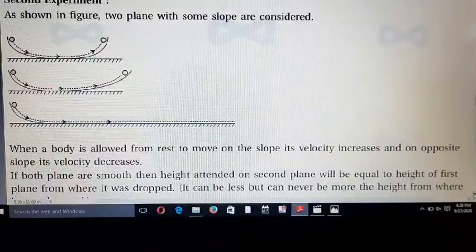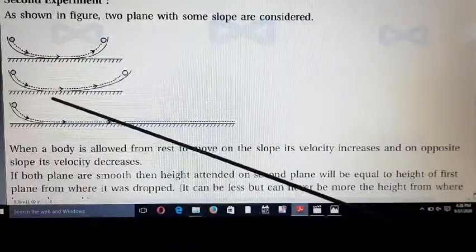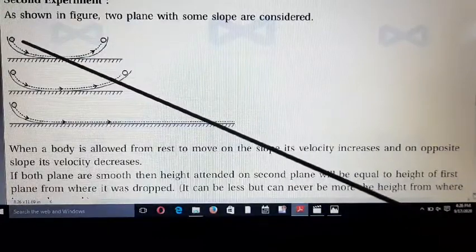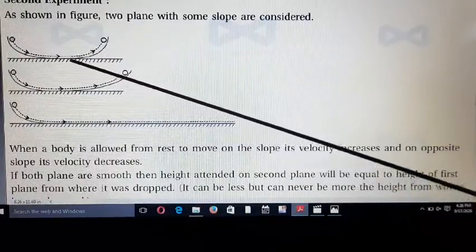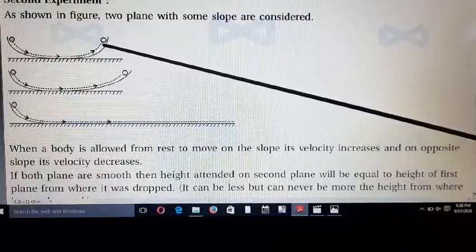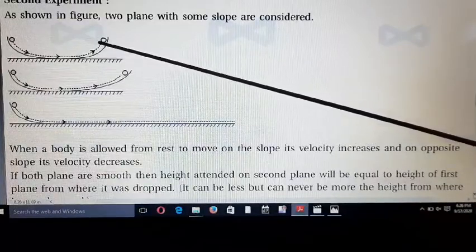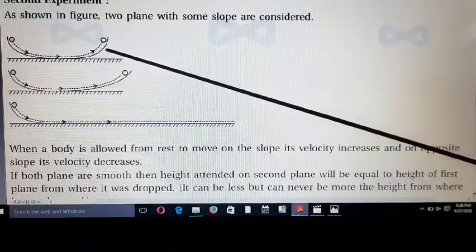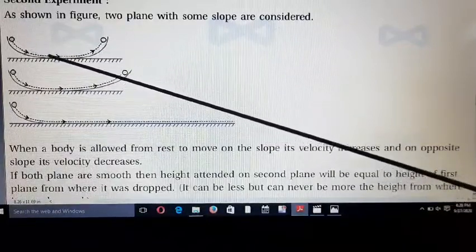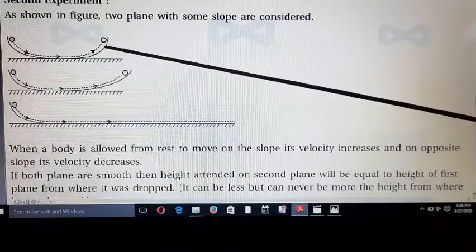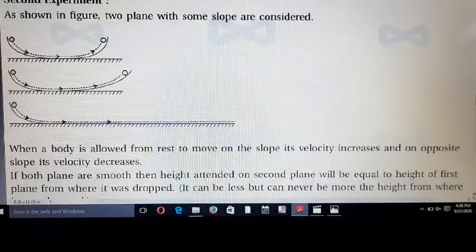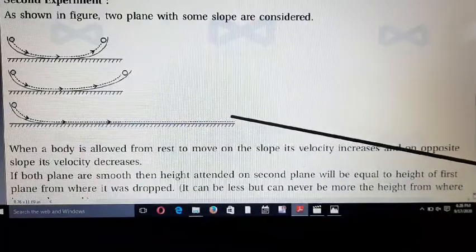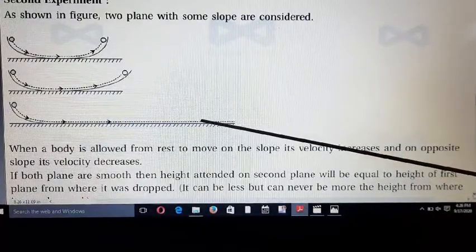Look here, in the second experiment, when a body is allowed to move from rest on the slope, its velocity increases, and on the opposite slope its velocity decreases. Here initially velocity increases and here velocity decreases.